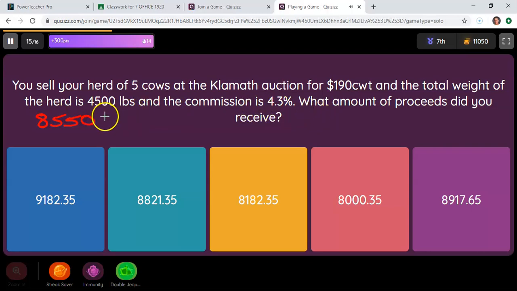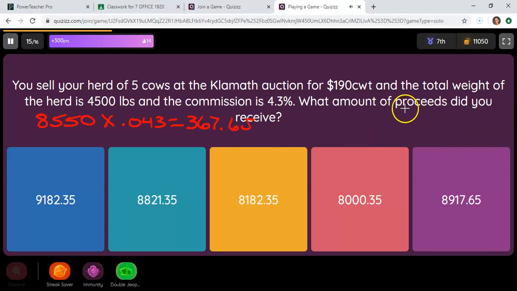Times the 0.043. And that will give us our commission amount, $367.65.